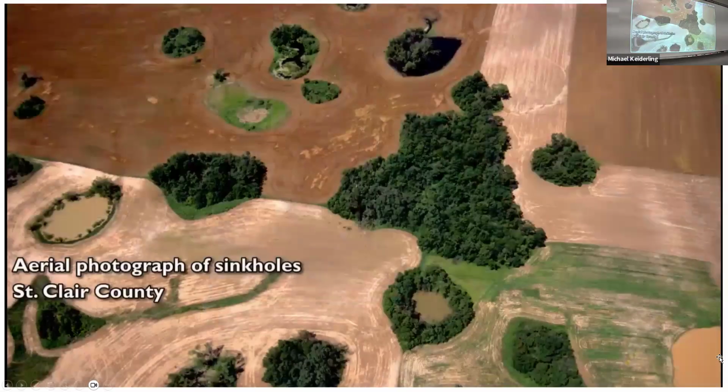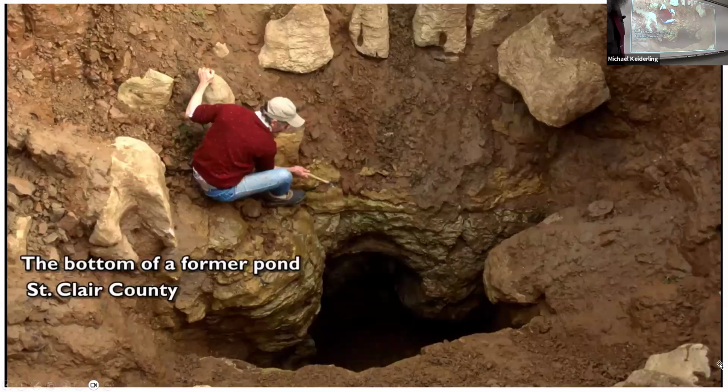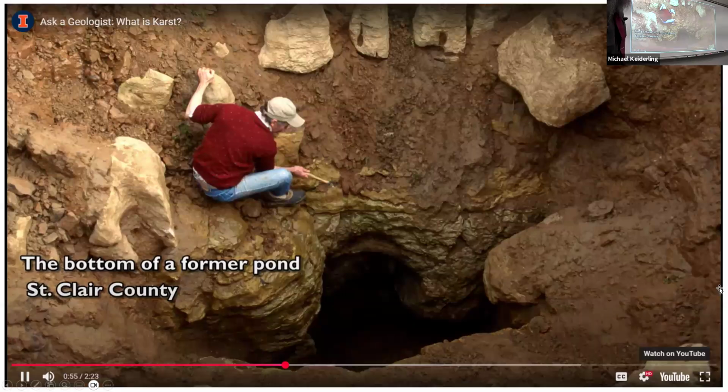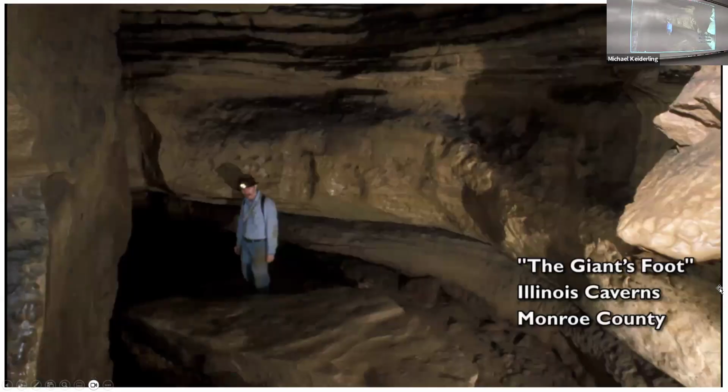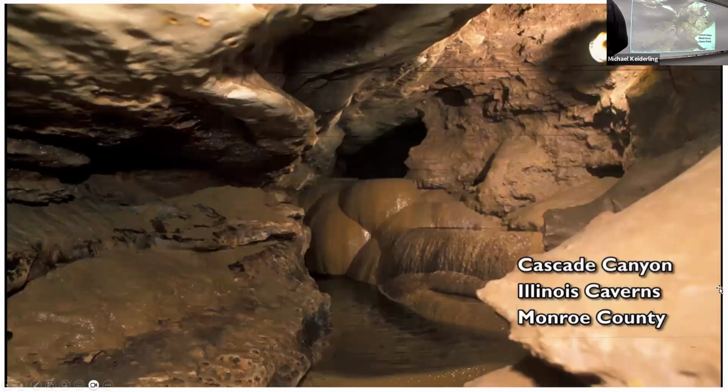About 25% of the world sits on karstified carbonate rock, like limestone and dolomite. And in Illinois, 25% of the bedrock is limestone and dolomite, with about 10% of the area having karst features.